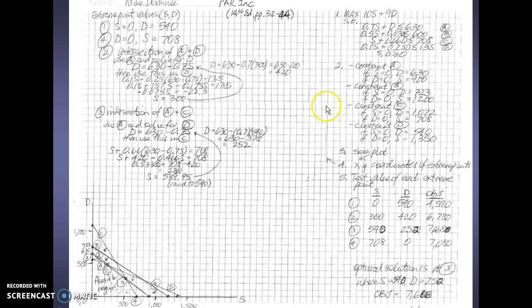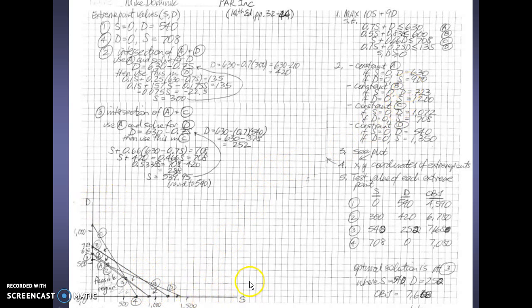Now, what we want to do is plot this particular constraint, and it's represented here, where S equals 900. Remember, I put S here, D here.